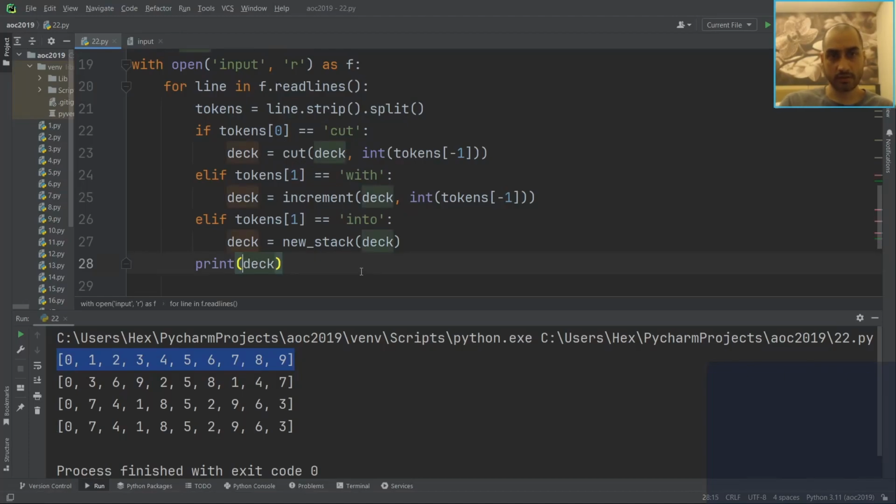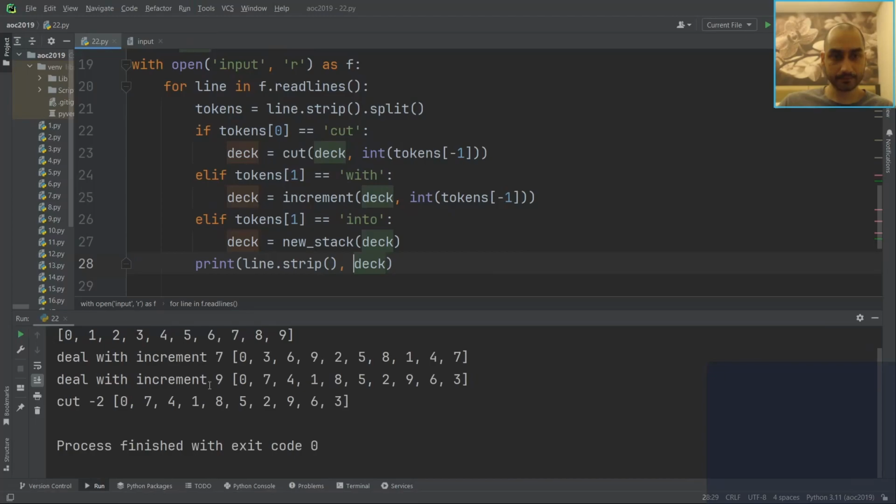Should I just put the line in so we can see what happens? So cut -2, we still get the same thing. That's the problem there. Why has that happened? -2.